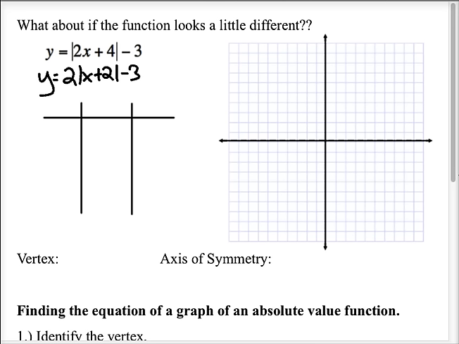If everything on that inside is multiplied by a number, you can just factor that out, and now you don't have to worry about that number. Now that number just became your vertical stretch. From there, you can do everything exactly the same as what we've been doing.